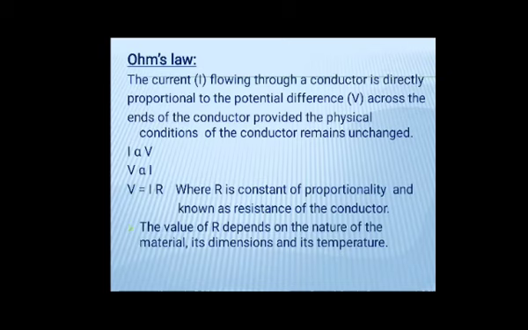The value of R depends on nature of the material, its dimensions and its temperature. So most important law, the mathematical form of Ohm's law is V is equal to IR.